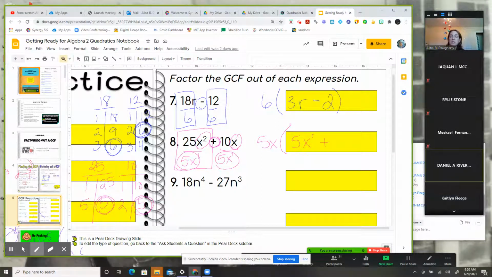So numbers first and then variables. What do you get when you do that division? 2 for sure. 10 divided by 5 is 2. And then we're going to subtract those. So x to the first power divided by x to the first power, that's the exact same thing. So that's just 1. It just kind of goes away. They cancel out.